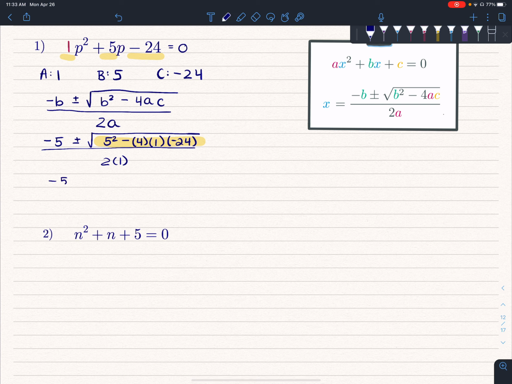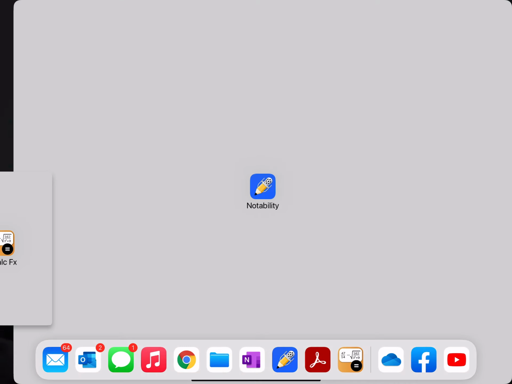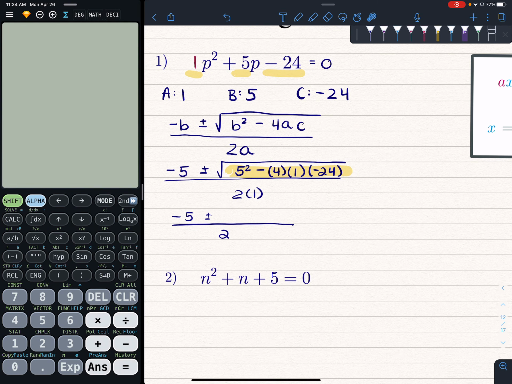So now we'll just recopy this, plus minus, and then we just have to solve this part. So I'm going to pull up my calculator. So we've got 5 squared minus 4 times 1 times negative 24.